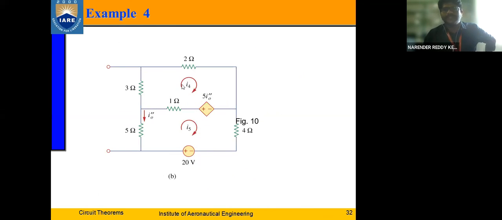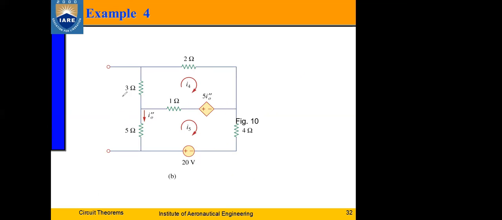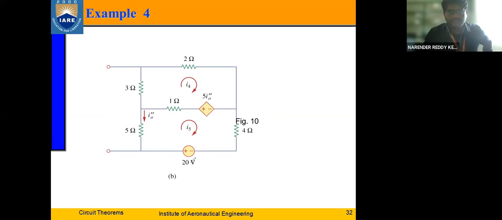Now, what's the assumption we make? We assume that we open the current source, and we have only a voltage source here, and we write the equations for this as well, right? So how many loops do you have? I have only 2 loops, so you can directly write the 2 loop equations with 2 unknowns, I4 and I5. You can get the values for I4 and I5.